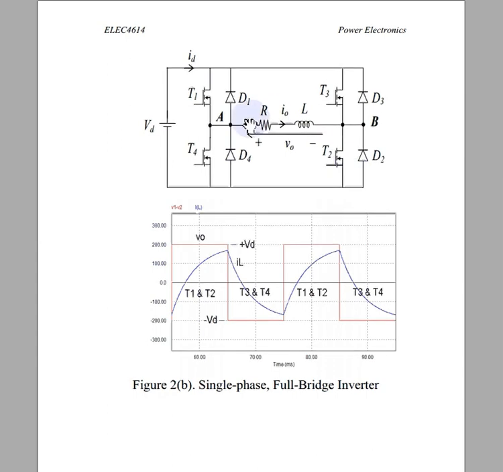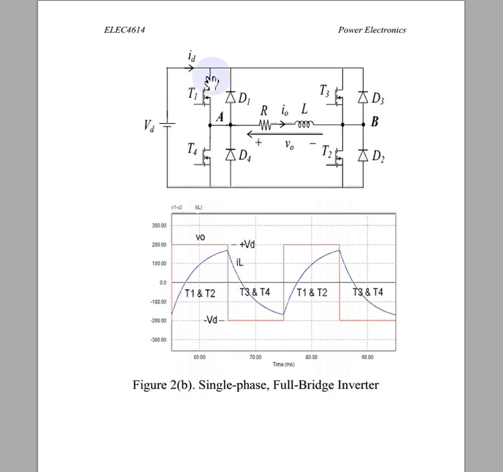For resistive load, first case: if thyristors T1 and T2 are on, the voltage across the load V0 is positive VD in this fashion.